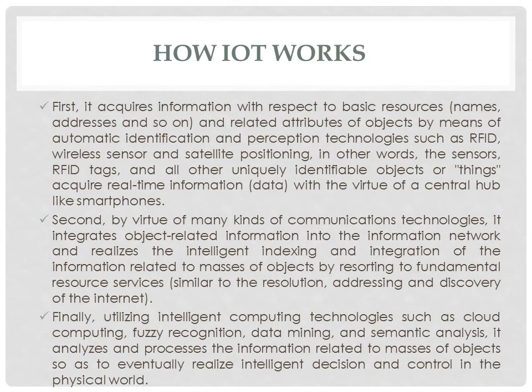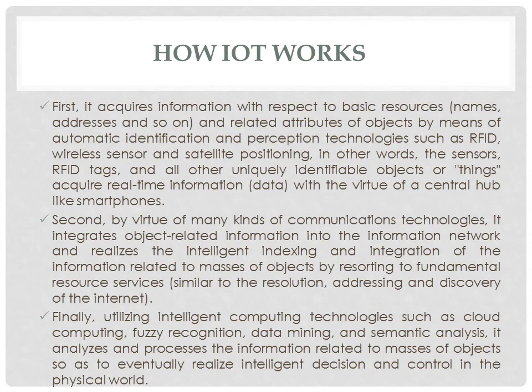Let us see how an IoT system works through this architecture. First, it acquires information with respect to basic resources such as names, addresses and so on, and related attributes of objects by means of automatic identification and perception technologies such as RFID, wireless sensor and satellite positioning.